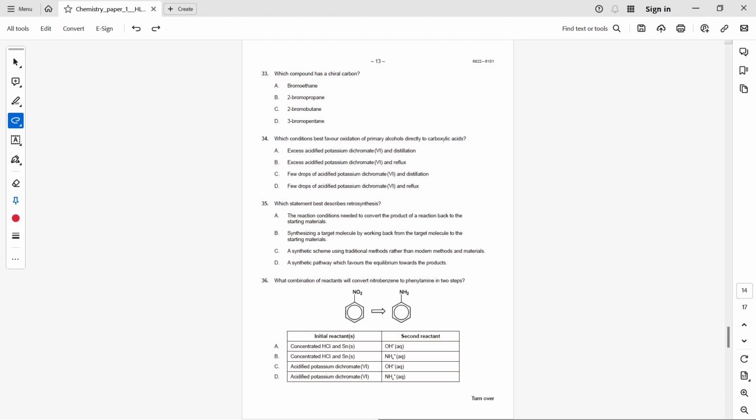So for the next question, we need to find the chiral carbon. A chiral carbon is a carbon that has 4 different groups, and let's just draw all the molecules. Bromoethane looks like this. This carbon has 2 hydrogens, so it's not chiral.